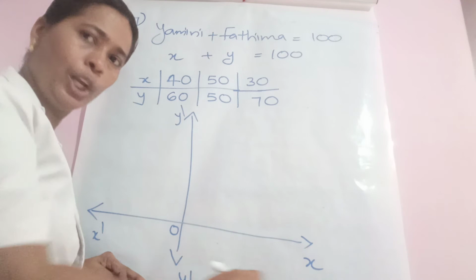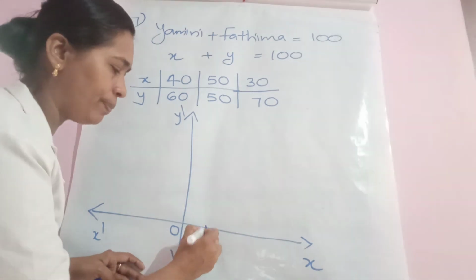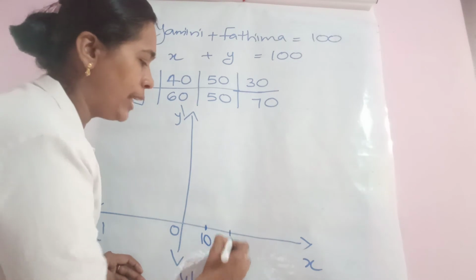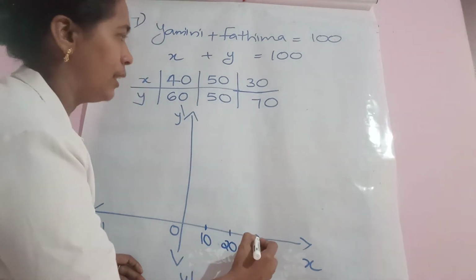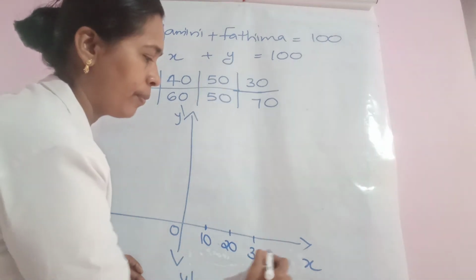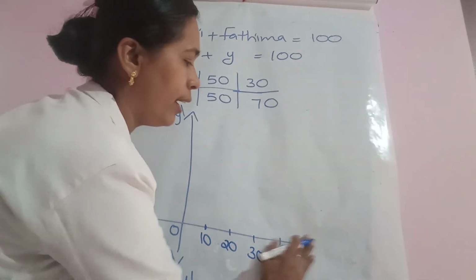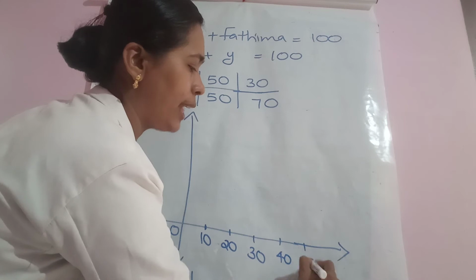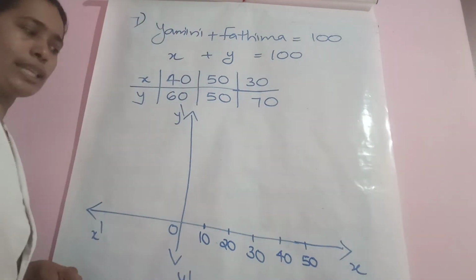Is it possible? No. So the teacher is keeping 1 centimeter as 10 rupees, 2 centimeters as 20 rupees. Then 30. Then 40. Extend the line. According to our convenience, we can extend it using scale and pencil. Up to 50 the teacher has taken.